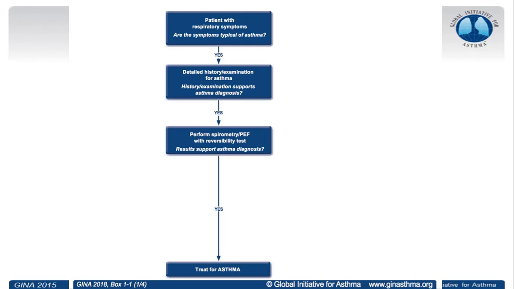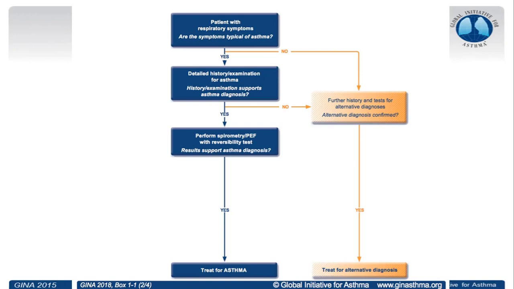So we will diagnose a patient with bronchial asthma. The patient usually presents with respiratory symptoms typical of asthma. Detailed history and examination support asthma if it is okay. We will perform spirometry or peak expiratory flow with a reversibility test. If the results support the asthma diagnosis, we'll start to treat the asthma. If the detailed history and examination do not support asthma, we'll check for further history and test for alternative diagnoses.